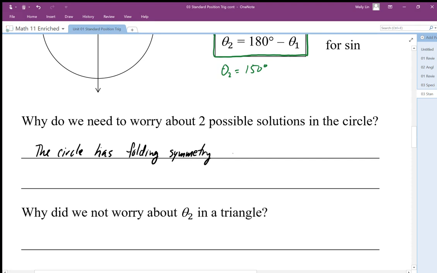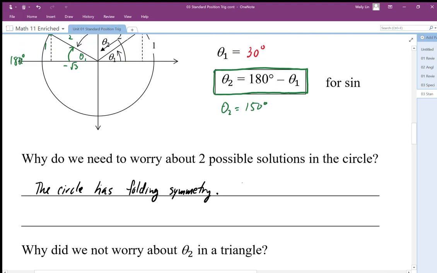Okay, and when we talk about a ratio, the ratios of sine and cos only refer to one of the axes. Well, maybe I'll write it this way. Refer to only x or y, not both.